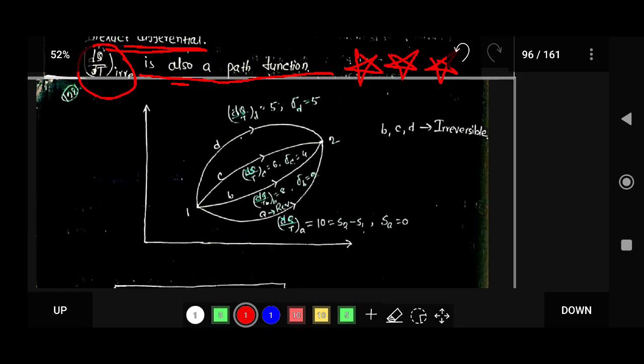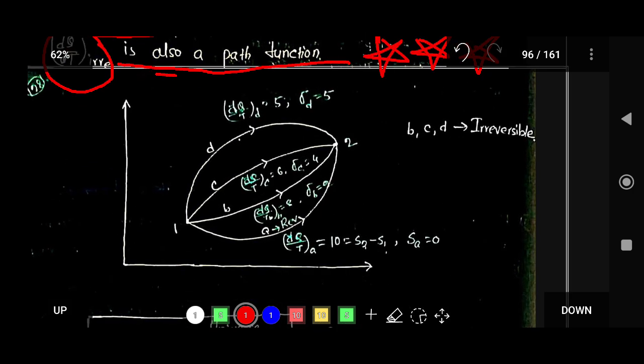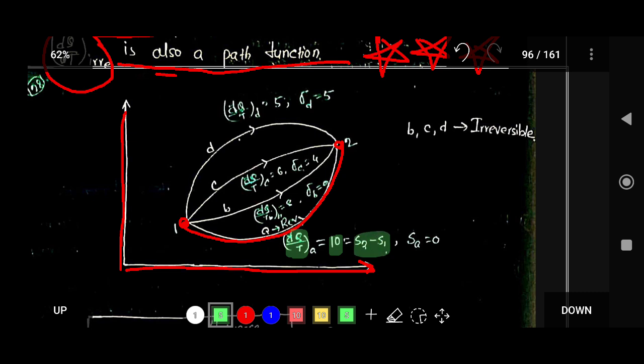Now there is an example. There are two axes, this is state 1 and this is state 2, and suppose this is a reversible process. Consider for the reversible process A, del Q by T is equal to 10, which is basically S2 minus S1.